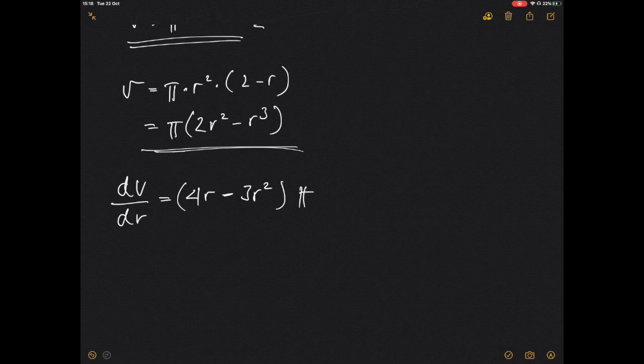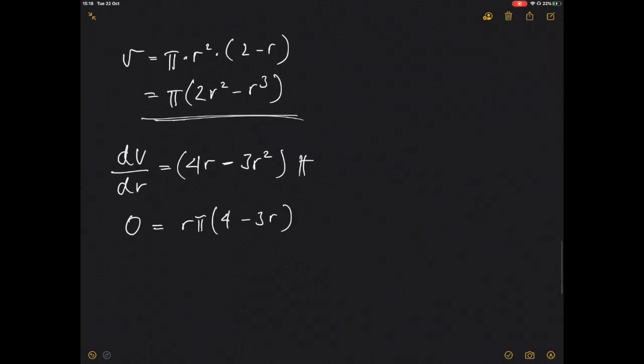If we set this equal to 0, we can say this would be r pi multiplied by 4 minus 3r, a bit neater, as our r's come out. That then means we could solve for r, so we can find that the radius has to equal either 0 or 4 over 3.